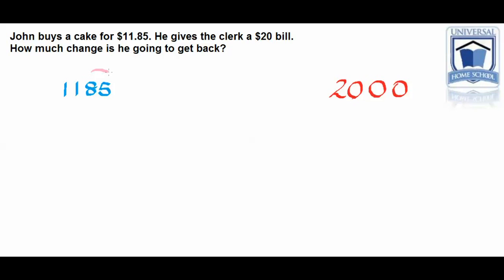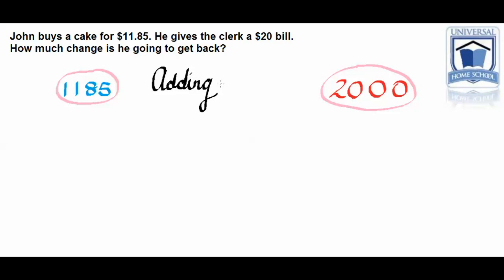So $11.85. How much do we have to add on to make it $20, or 2,000 pennies? We're using the adding on method, which is quite simple.